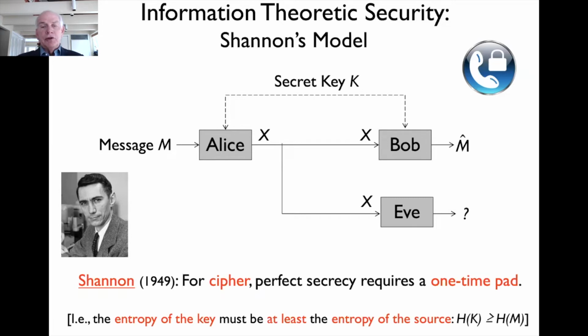The bad news is that in order for that to happen, you have to have a one-time pad. That is, the key has to have at least as much entropy as the source. Or if everything is binary, the key has to be as long as the source message. Okay, so that's good news and bad news.